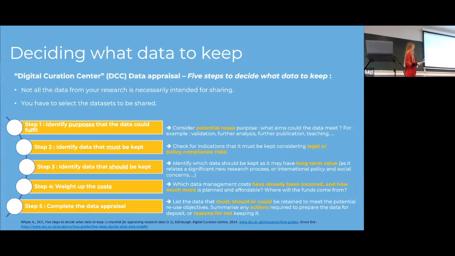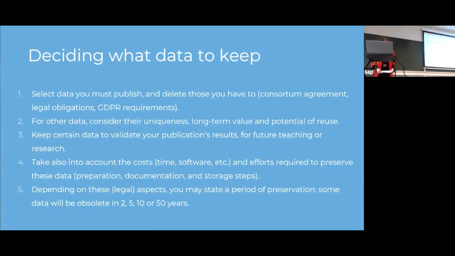Step 5 is to complete the data appraisal. So it's a summary: list the data that must, should, or could be retained to meet the reuse objective. Reusing data is always the most important principle regarding open data. Here is a summary of what I've explained.